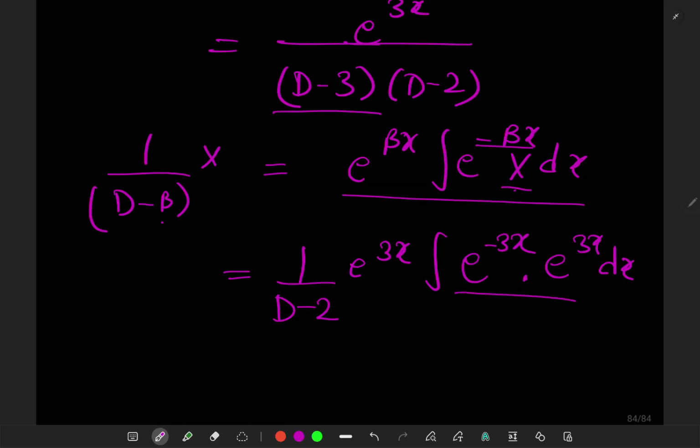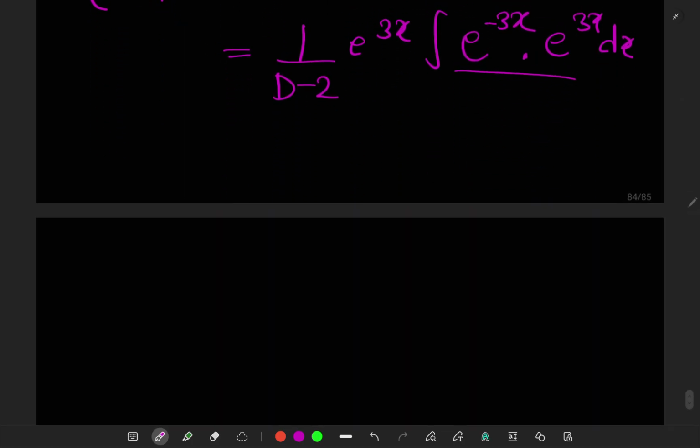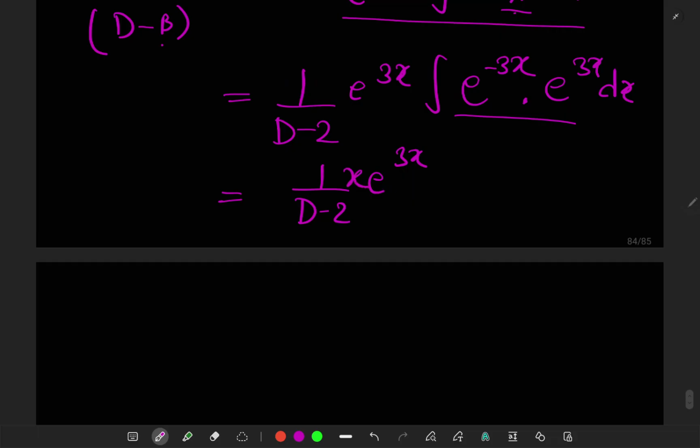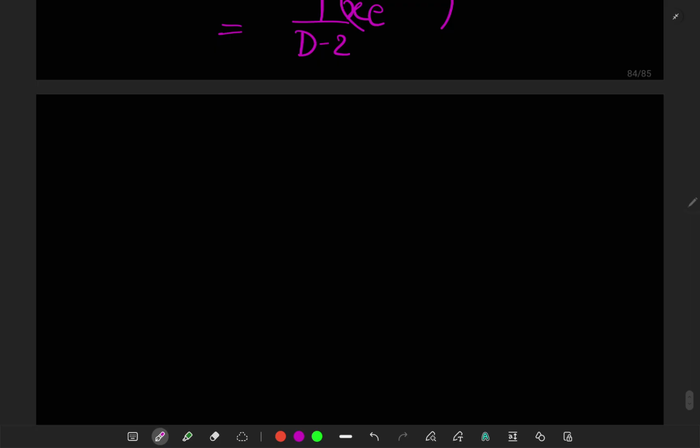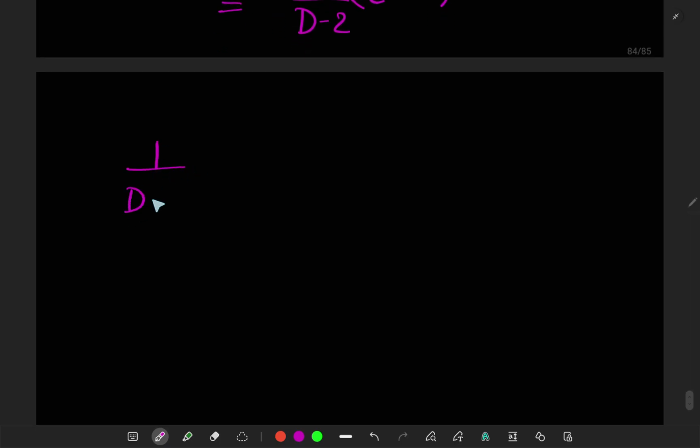On their solution we get this 1 by D minus 2 e raised to power 3x into x. Now again using this identity, 1 upon D minus beta x is equal to e raised to power beta x integral e raised to power minus beta x into x dx.